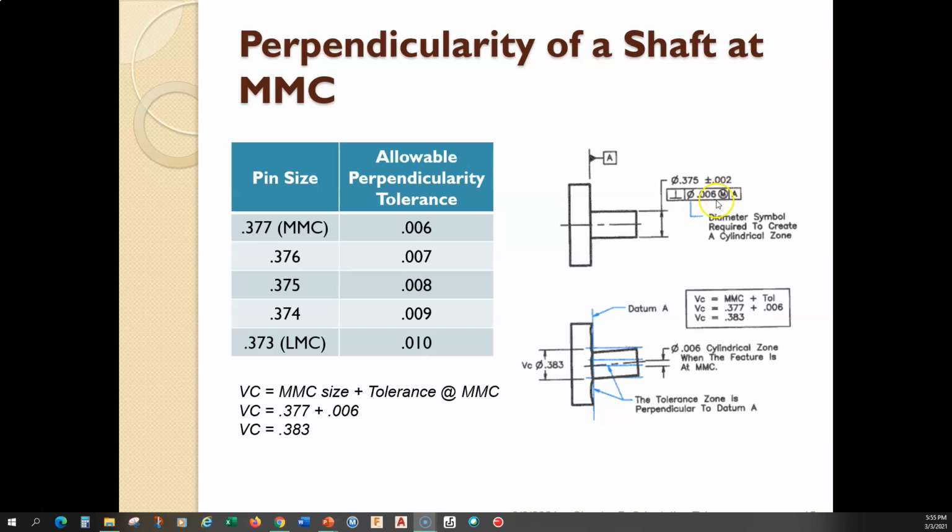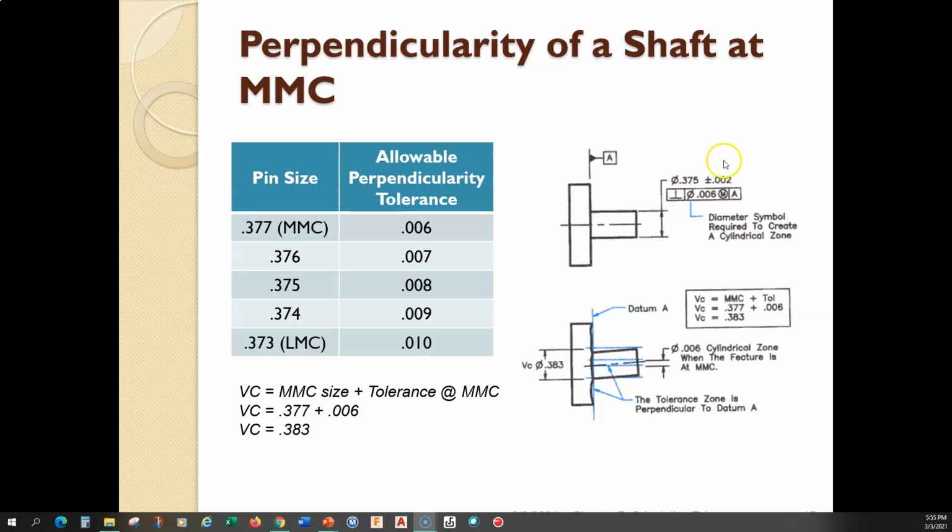What this means, basically, is that when you see the tolerance zone at MMC or at LMC, that means the tolerance zone can change in its size. So this 6 thou tolerance zone is going to change. It's not going to be 6 thou if we make the pin at a different size.